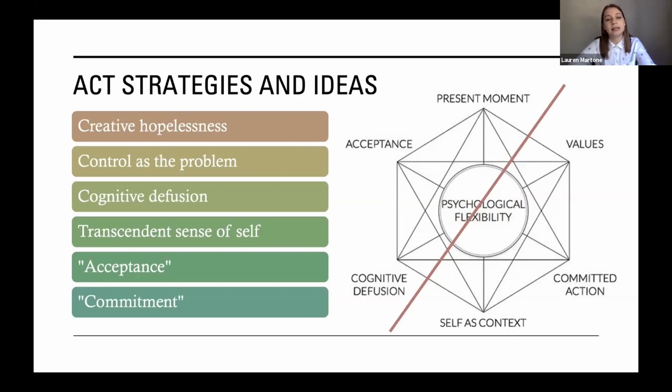Then relatedly is the idea of transcendent sense of self, which gets into this meta-consciousness, more of those Eastern philosophical roots of ACT. But the main idea is to teach clients that feelings, emotions, thoughts, current circumstances, these are all really transient experiences. And there is this sense of you-ness that exists underlying all of those things.